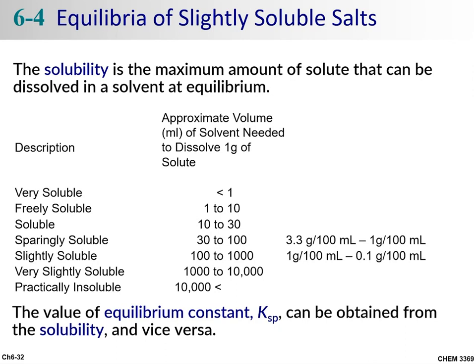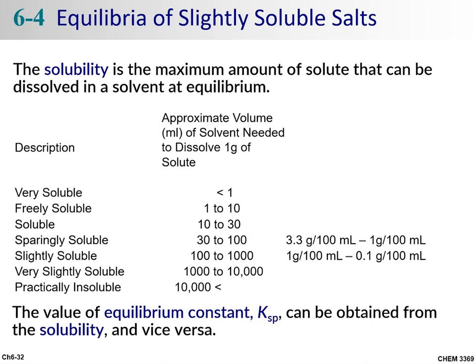If that is the volume of the solvent required to dissolve 1 gram of the solid, this solid would be called slightly soluble. And that corresponds to 1 gram per 100 milliliters, all the way to 0.1 gram per 100 milliliters. So either way, all solids that dissociate into ions will exhibit some limit to their solubilities.